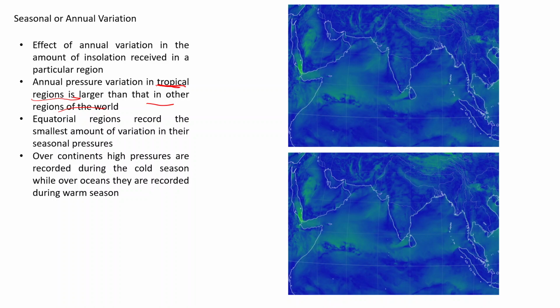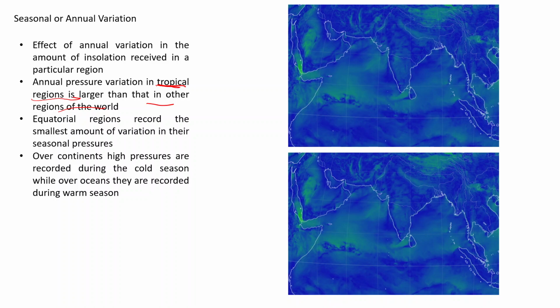So once the amount of insolation is highest at the tropics, it means that the pressure variations will be more in the tropics, and as a result, the tropical latitudes, they are the house for maximum disturbed weather, the unstable weather, while equatorial regions have the smallest variation in their seasonal pressure because the annual change in insolation is not much.